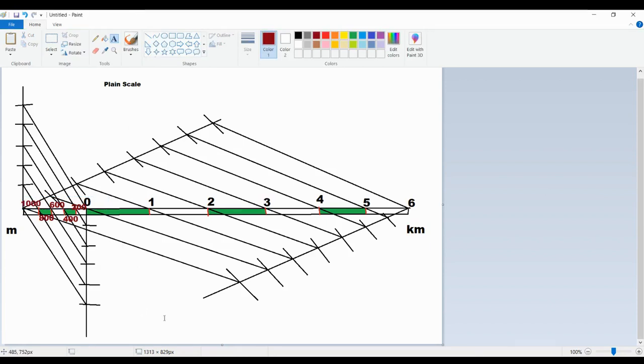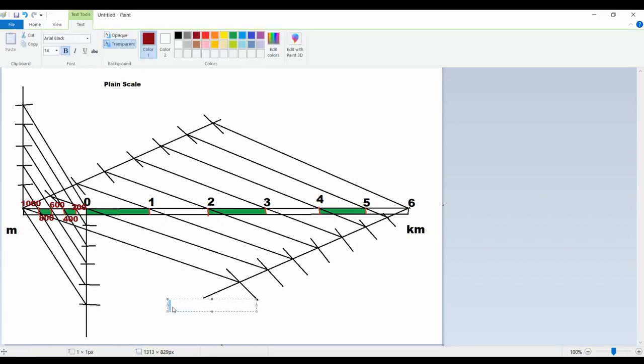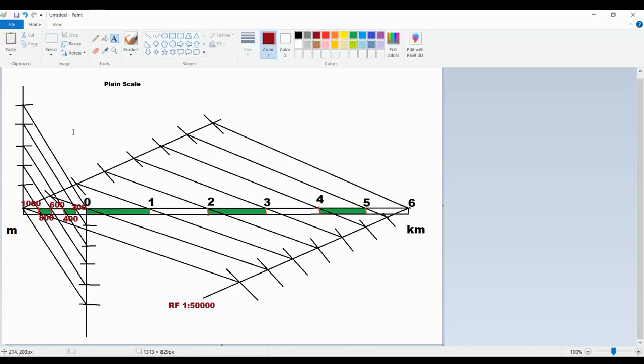Now you must mention the RF on the sheet as well. So we are going to be writing the RF. What was the RF? The RF was 1 is to 50,000. Alright.